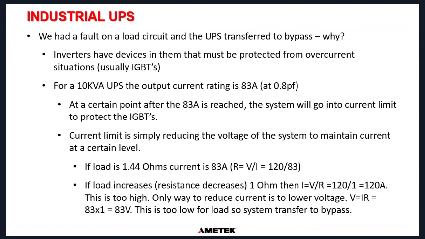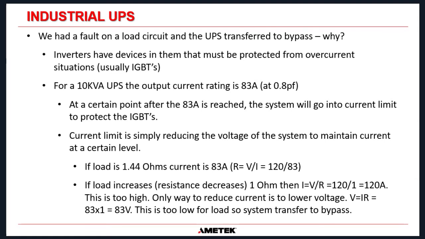But that needs manual interaction. So the 1 ohm of resistance is not going to change. Okay, so the only other thing that we can change to lower the current is the voltage of the UPS output.